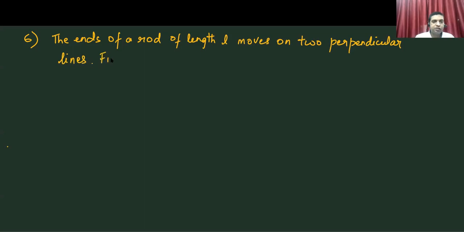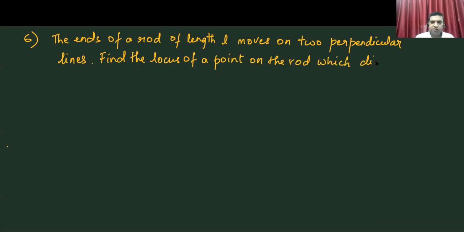Find the locus of a point on the rod which divides it in the ratio 1:2. Read the question very carefully.